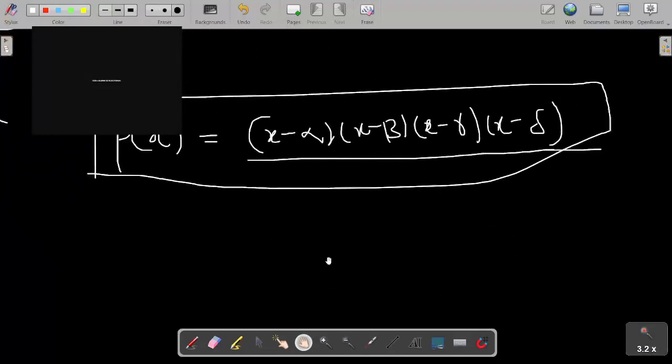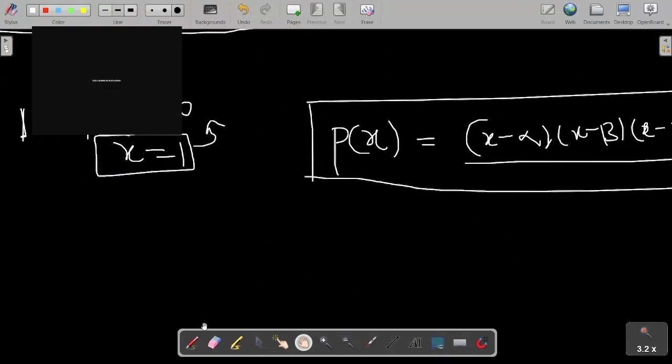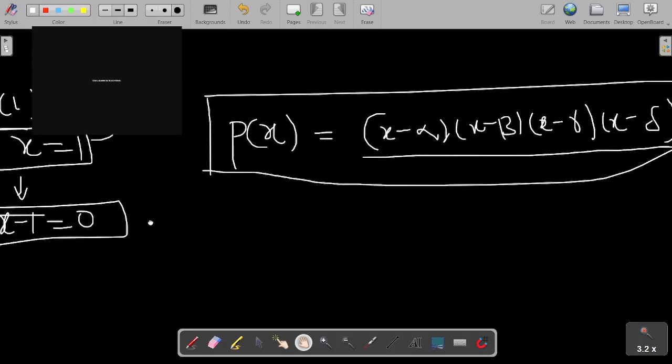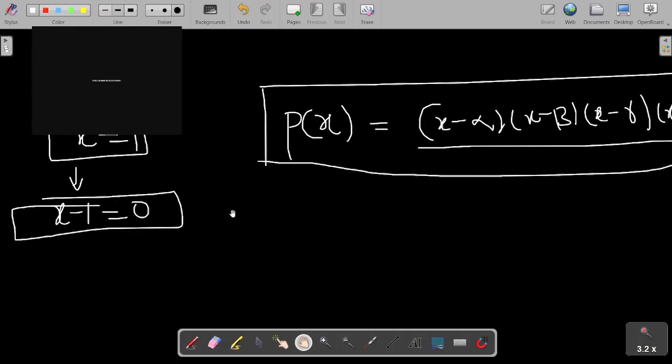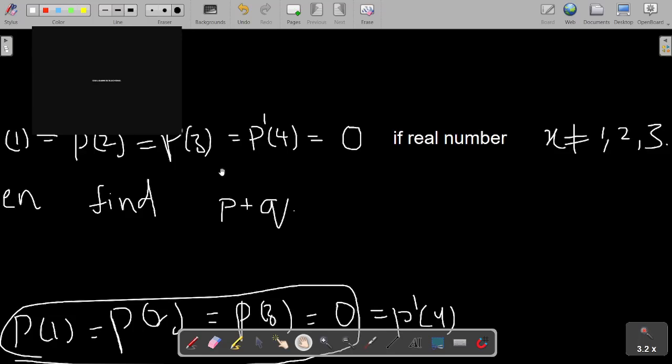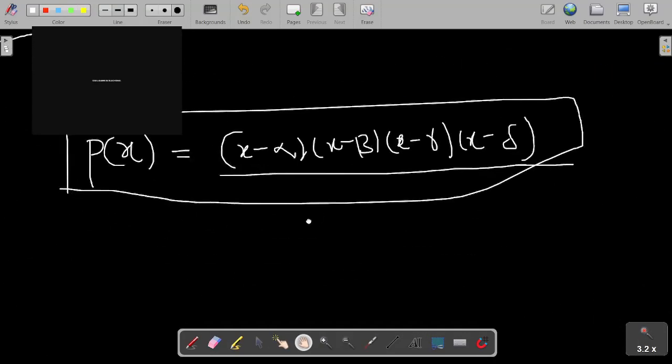If I subtract 1 on both sides, I get x minus 1 is equal to 0. So if I put x minus 1 equal to 0, then p of x becomes 0. So x is equal to 1 is a root of this equation, and x is equal to 2 and 3 also are roots of this equation.